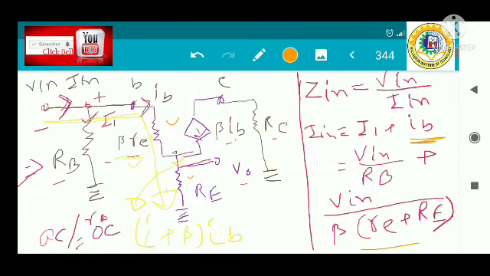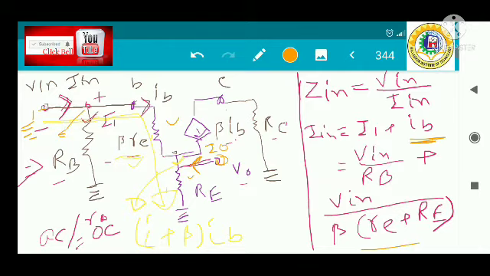So if V in equals 0, this has been connected to ground. Okay, so this has also been connected to ground. So in that case, what will be your V0? So V0 will be nothing but 1 plus beta IB. That means the current at this output terminal is I0, okay, flowing through is I0.